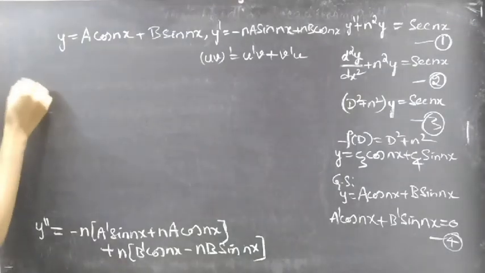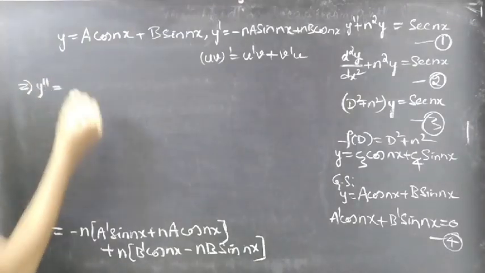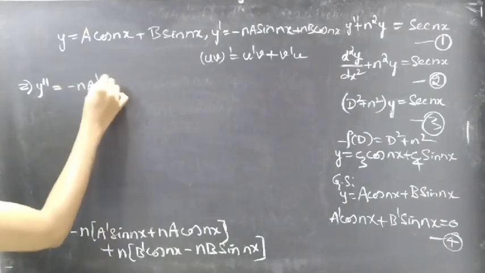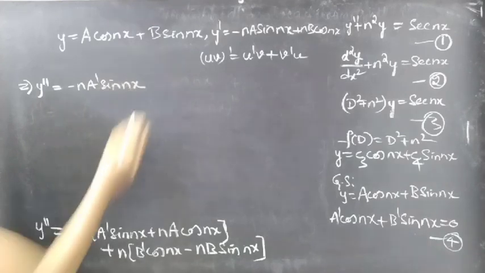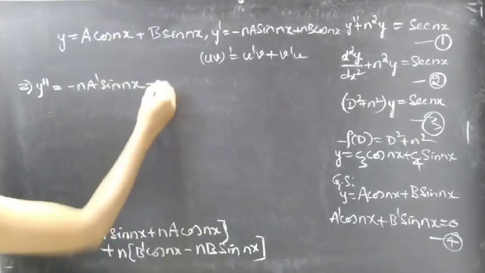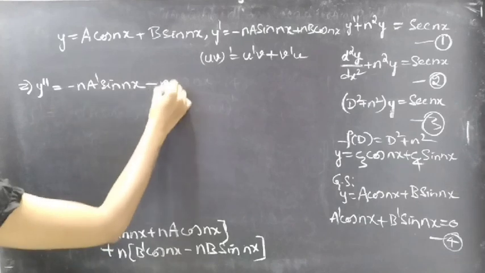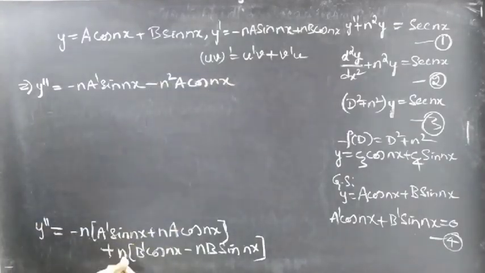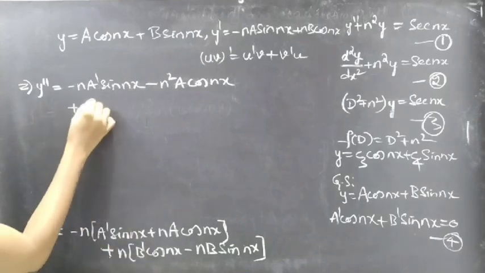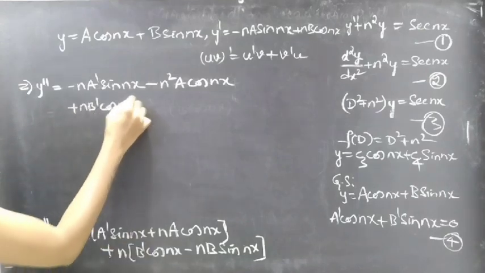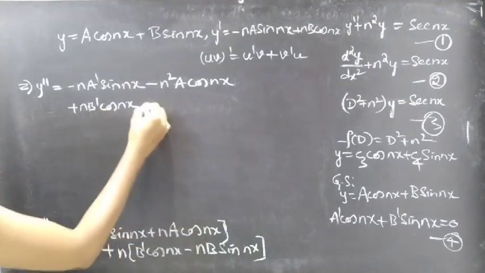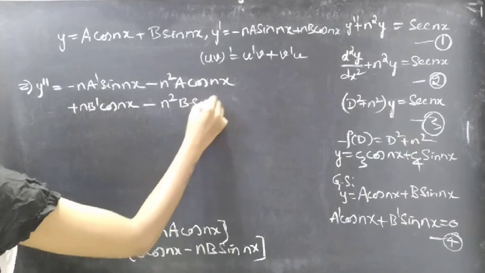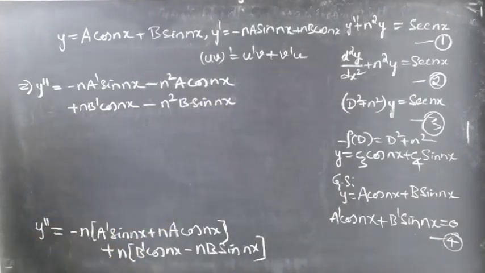This gives us y double dash equals to minus n a dash sin nx minus n square a cos nx plus nb dash cos nx minus n square b sin nx.